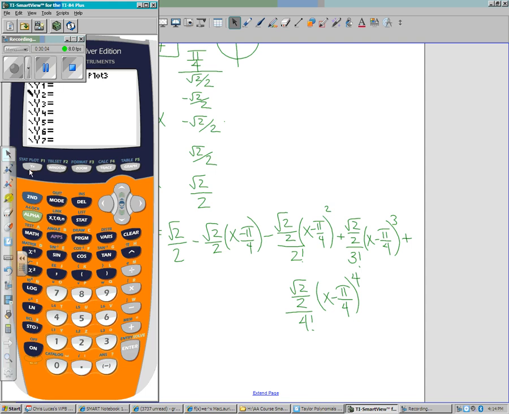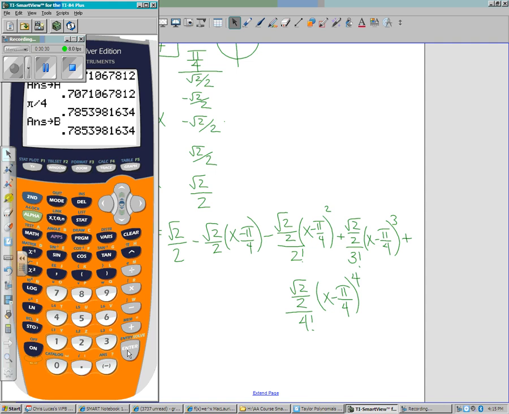I should store pi over 4 in for B, that would make life a little better. So second pi divided by 4, enter, store that in for alpha B.